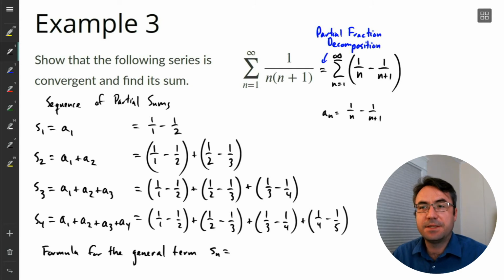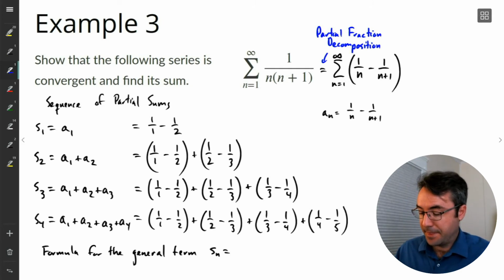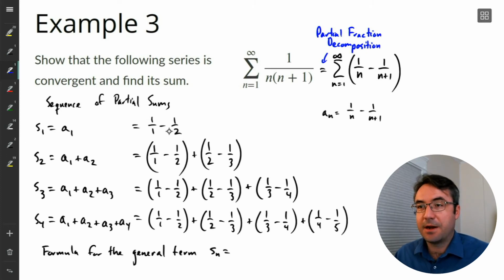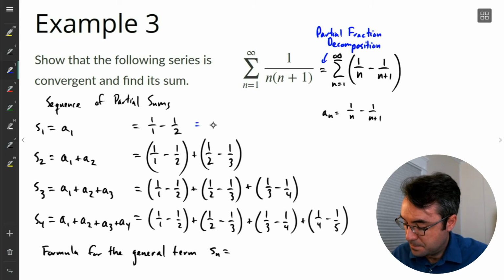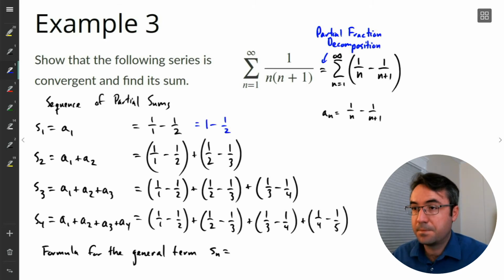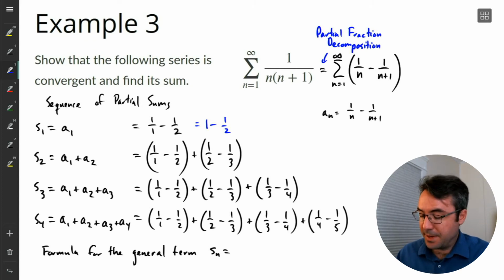All right, so let's see how everything simplifies here. Let's start with our first term. 1 over 1 simplifies to just 1, so let's just leave it as 1 minus 1 half. Now let's go to our second term, S2.